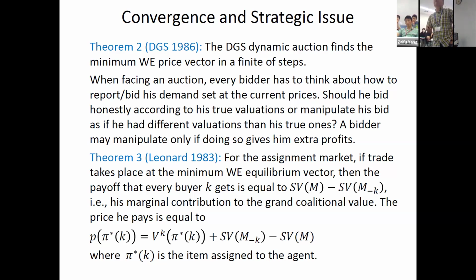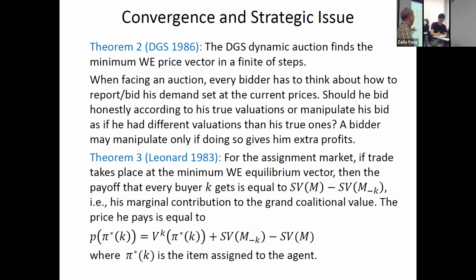Before this paper, Leonard in JPE 83 considered the same market, with a direct mechanism. What he found is that for this assignment market, the minimum valuation price vector corresponds exactly to the VCG payment.